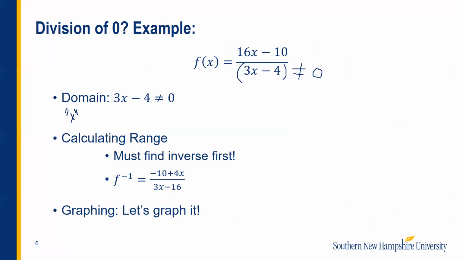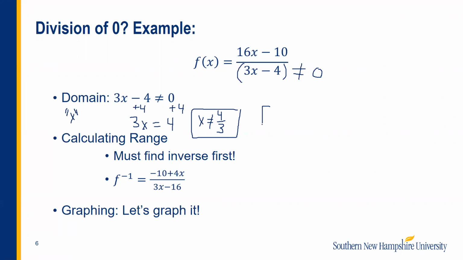So in this case, 3x minus 4 cannot equal 0. Well, let's solve what x would be. If we move the 4 to the other side by adding 4 to both sides, we would have 3x equals 4, and therefore x equals 4 over 3 when we divide the 3 over. So x can never be 4/3. And so our domain cannot include that.